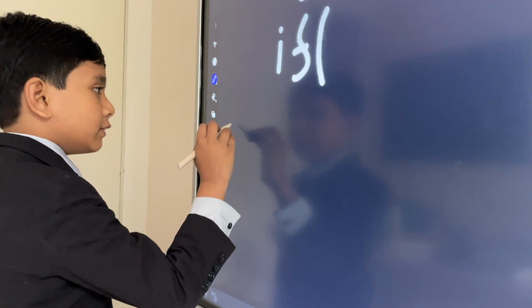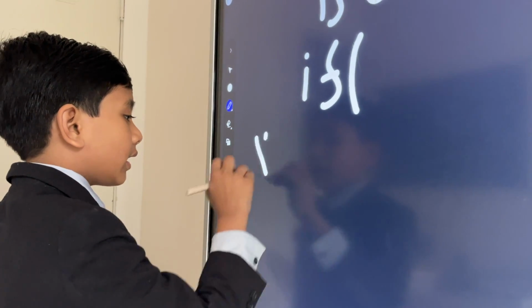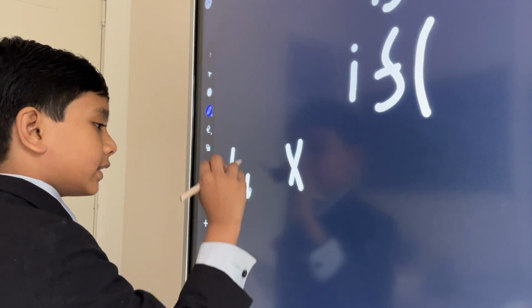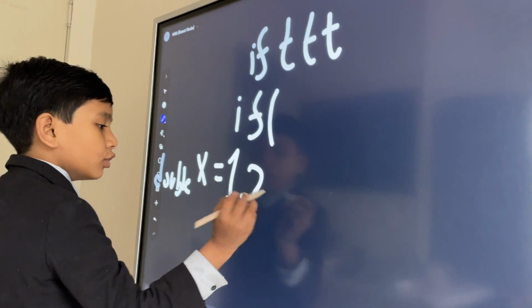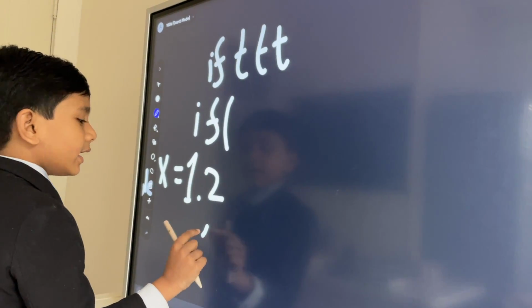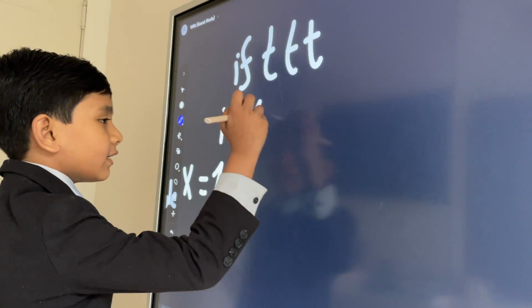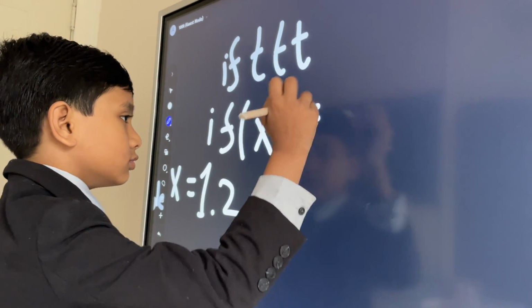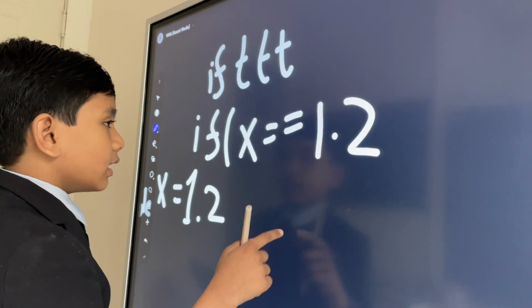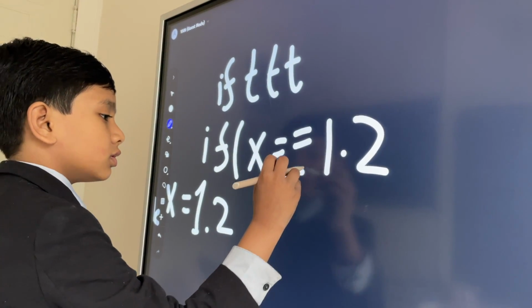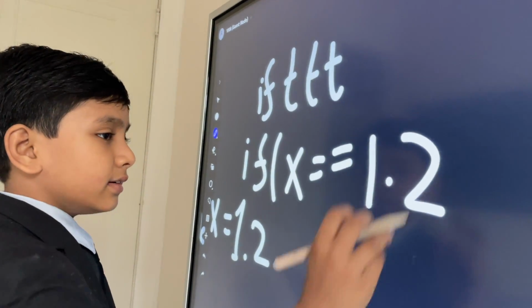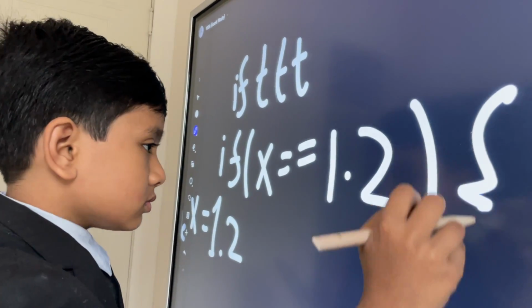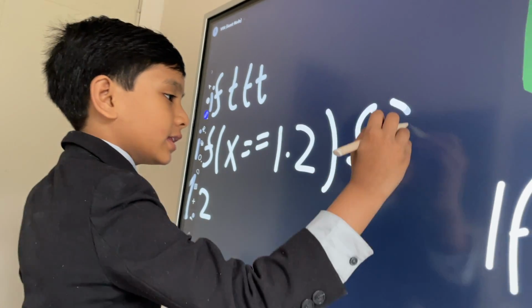So let's say we've defined a number, x, let's call it a decimal for good measure, equals 1.2. And then, let's say, if x equals 1.2, because this equal means that it's equal, then do something specified in the parentheses.